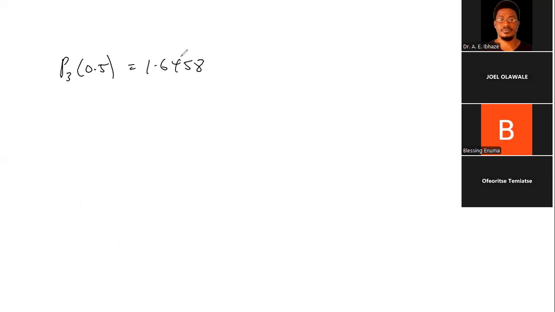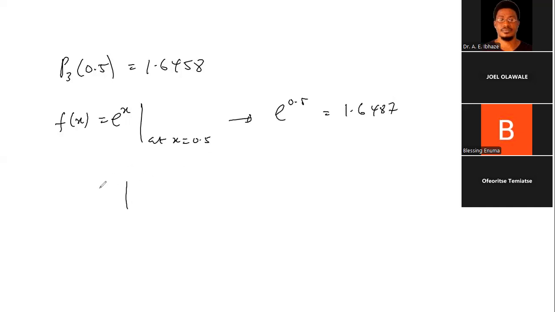Now we know that the function is f of x being the same as e^x. And from this, we can literally calculate the actual value at x being the same as 0.5 from the function. And this would be e^0.5, which is the same as 1.6487. So the error in this approximation technique will be the actual value, which is 1.6487, minus the approximated value, which is 1.6458.